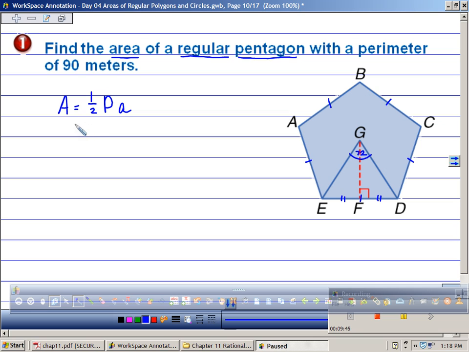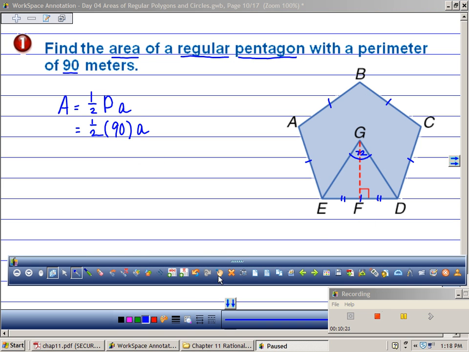So let's work with this. We already know what the perimeter is. It tells us right here that our perimeter is 90. So now all I have to do is find the apothem. How do we find the apothem? Well, I've got a right triangle, correct? So let's draw the right triangle separate.